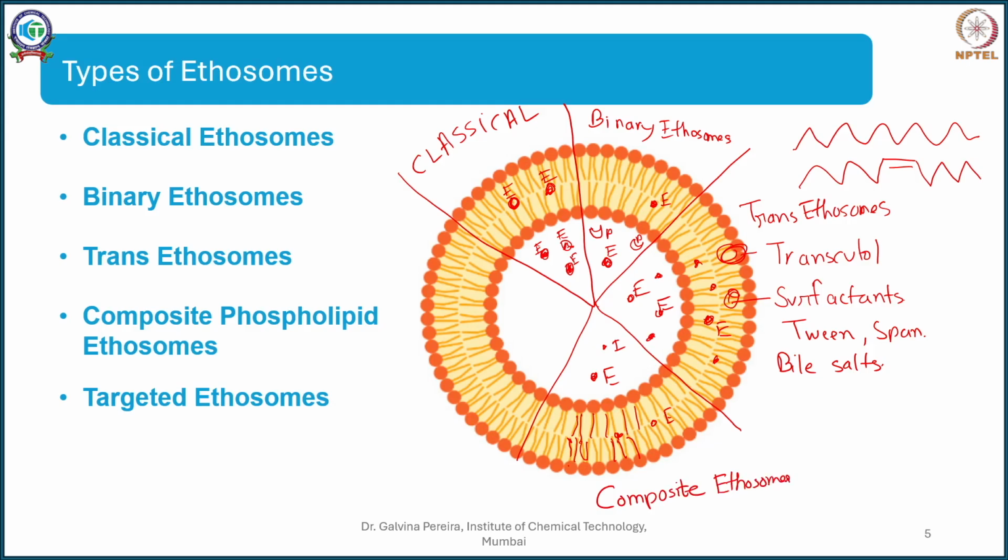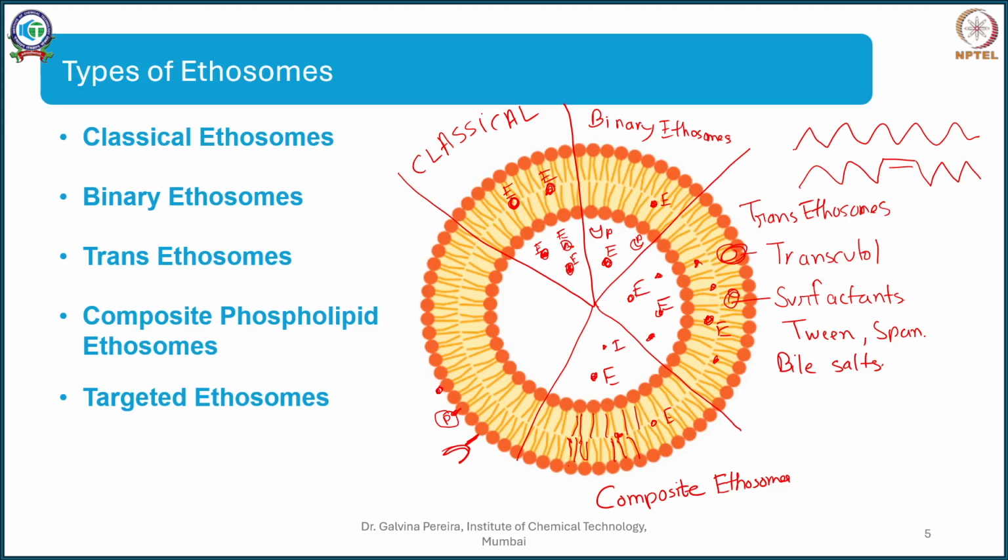The last case, you will see that many a times functionalization is carried out in order to retain certain antibodies, certain binding proteins, or any of the molecules or charged molecules which are there.